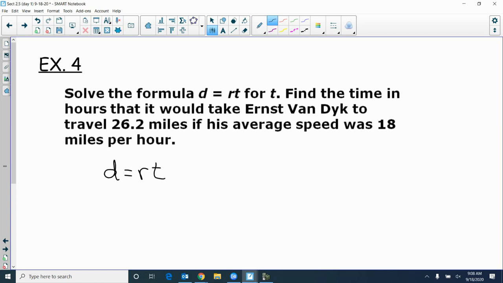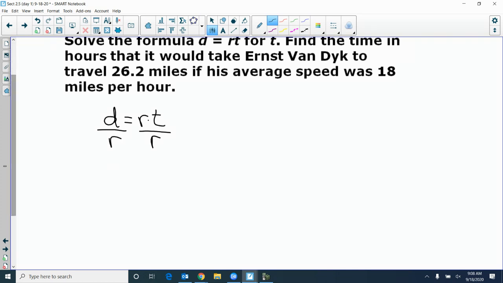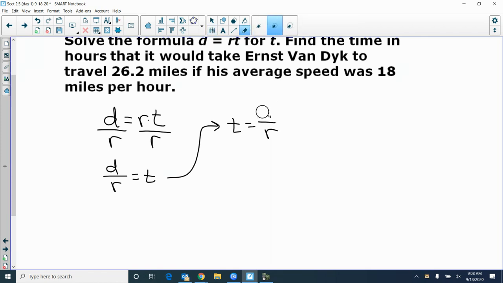Now, since we're solving for T, this is R times T, we want divided by R. That gives me D divided by R equals T. And like I said, I like to write the T first. So that one is just one step. So T equals D over R, D divided by R.